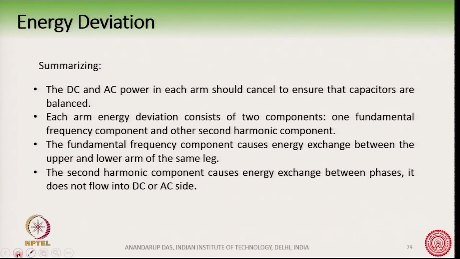Then the second point which we said was that each arm energy deviation consists of 2 components, one fundamental frequency component and a second harmonic component. The fundamental frequency component causes the energy exchange between the upper arm and lower arm of the same leg or the same phase. But the second harmonic component causes the energy exchange between phases. So, it does not flow into the DC side or the AC side.